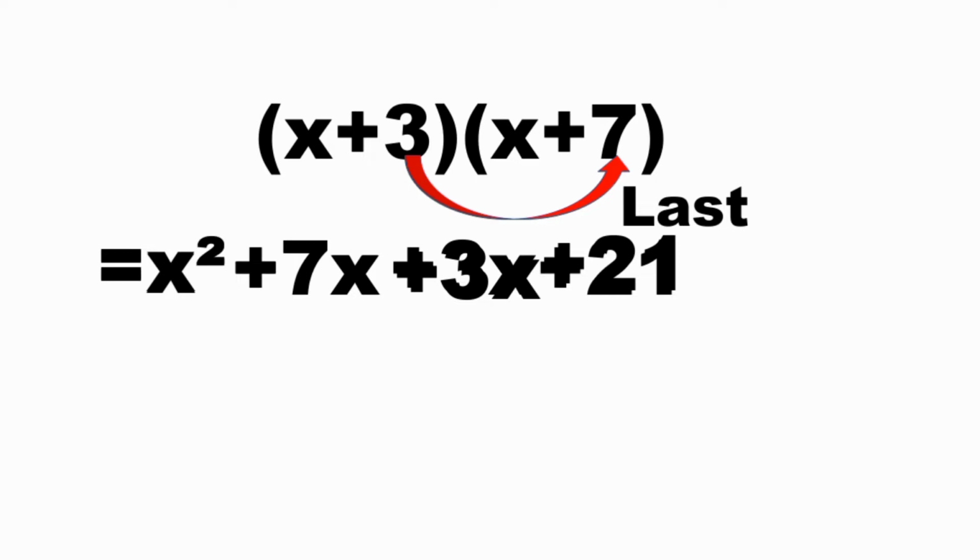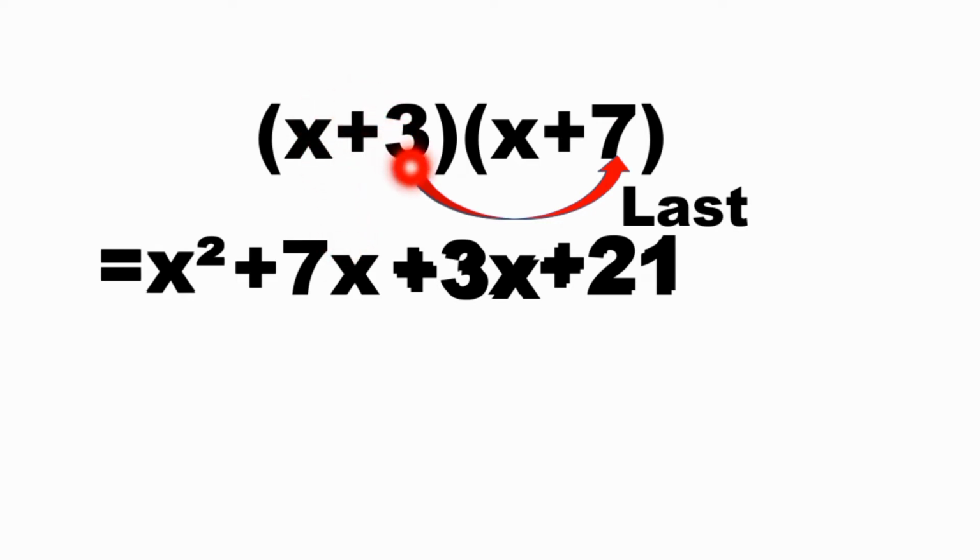So from here, FOIL is the acronym for first: x times x. First, the outer: x and 7x.